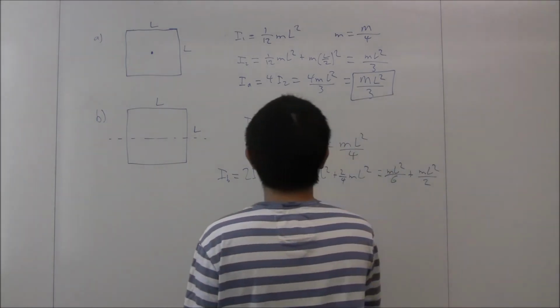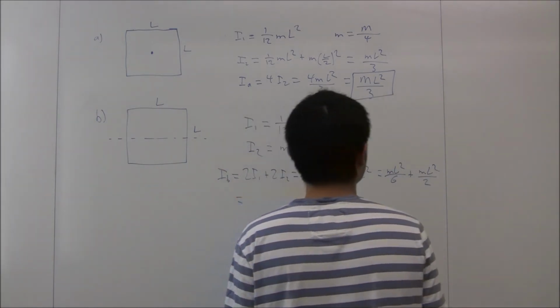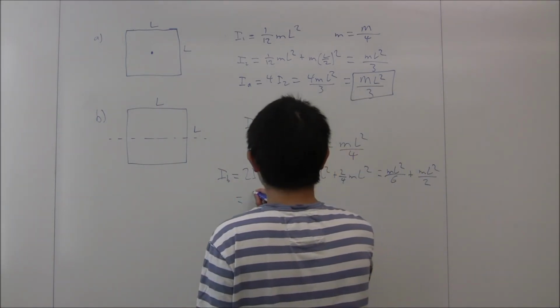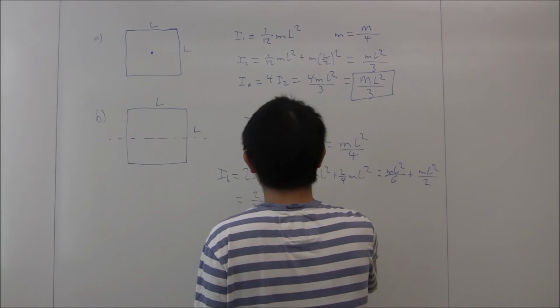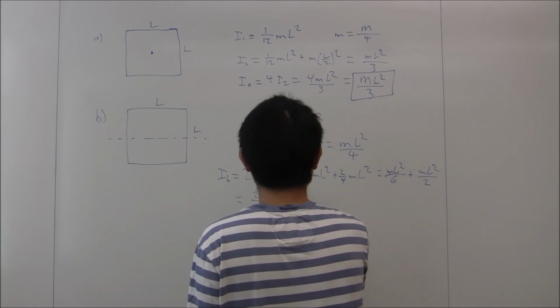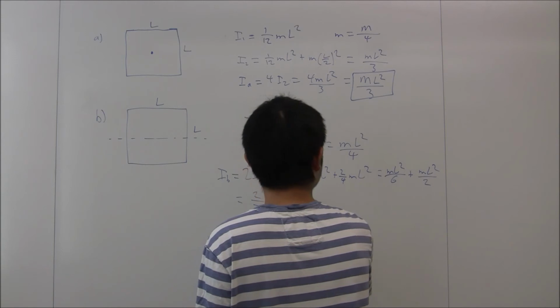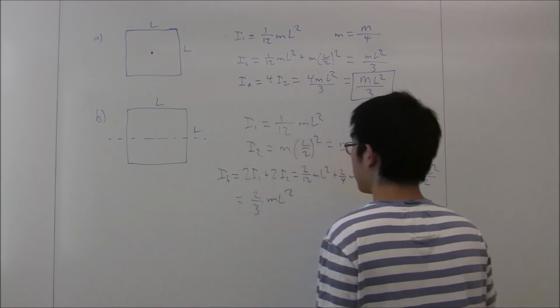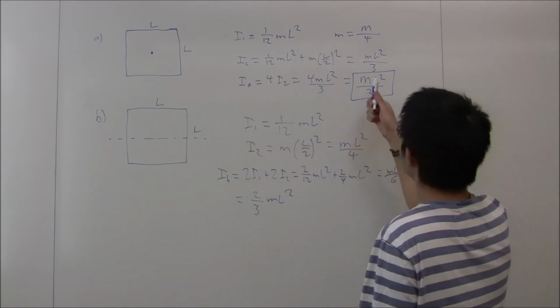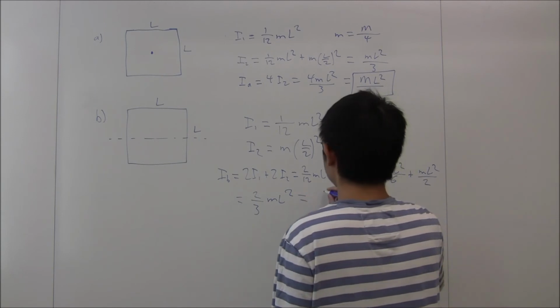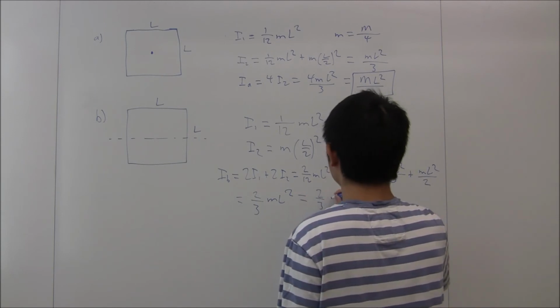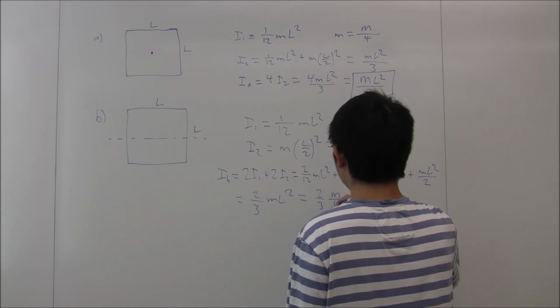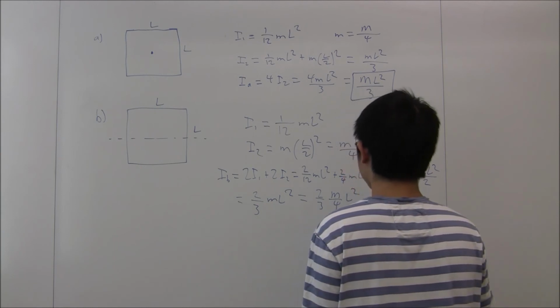And that is going to give you 2 over 3 little m L squared. And remember that little m is big M over 4, so that's equal to 2 over 3 times big M over 4 L squared.